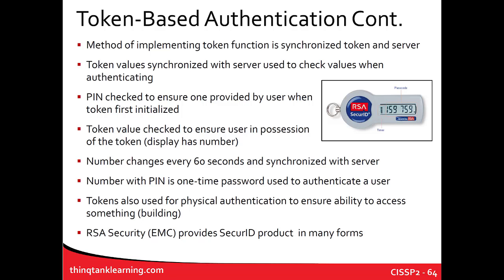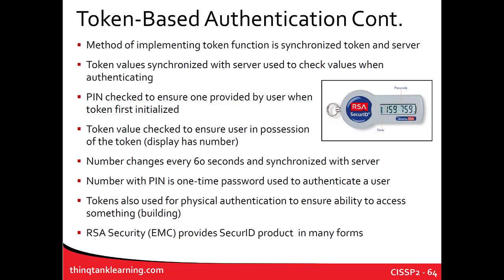So we have initialization and validation. When it's first used, the token gets registered with the server that links to a specific user. During the authentication process, the server checks that the token is valid and active, that the user is in possession of the token by entering the number, and then we have an OTP or one-time password and a PIN, which then provides for multi-factor authentication.